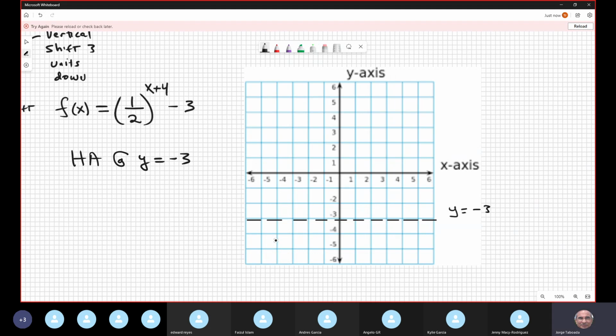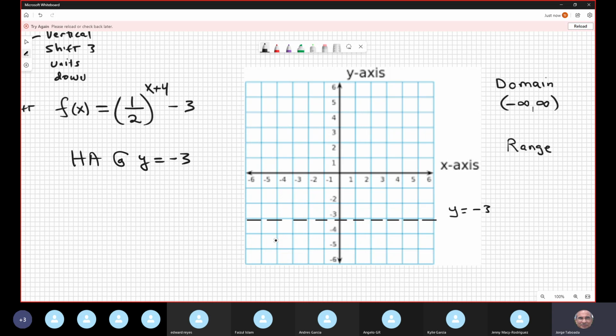To make a decent graph, it's obvious that the domain in any exponential is all real numbers, no problem, because the exponential function is a nice function. However, the range, no. The range normally for the base is from 0 to infinity.